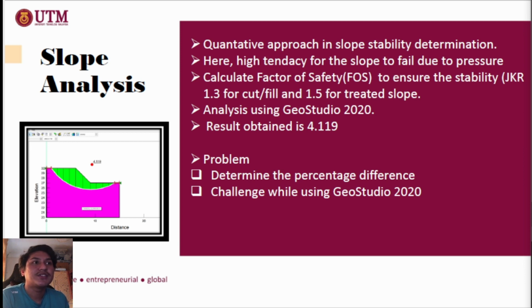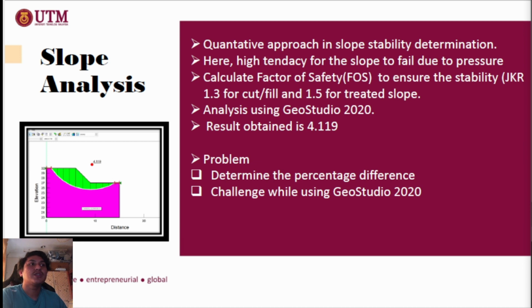The slope analysis is a quantitative approach in slope stability determination. Here, we calculate the tendency of the slope to fail due to the pressure. At the end of the calculation, the factor of safety should be safe to ensure the stability.